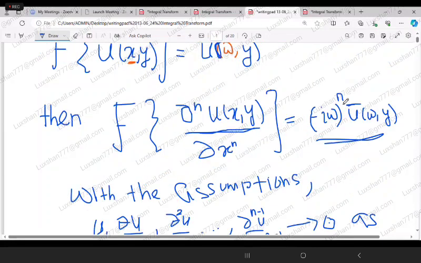With this assumption only we can have this result. Without this assumption, this formula is wrong. So with this assumption only, the Fourier transform of the partial derivative of order n of u(x, y) over partial x to the n equals (minus i omega) to the power n times u bar(omega, y). So this is important.